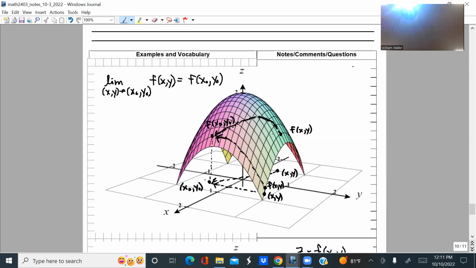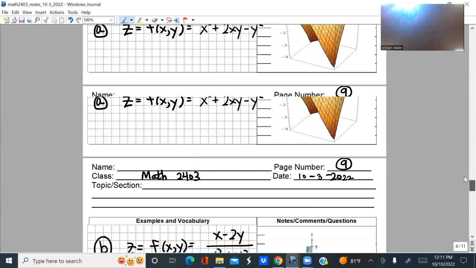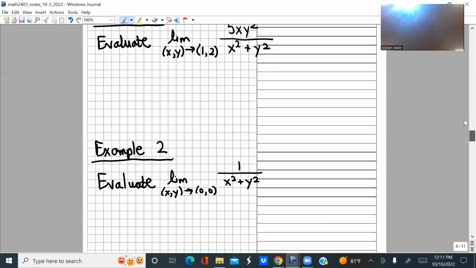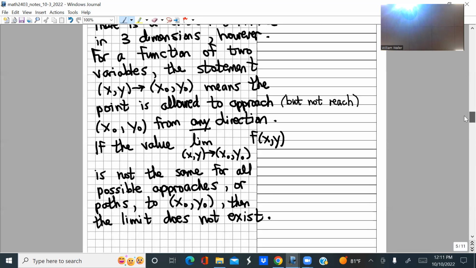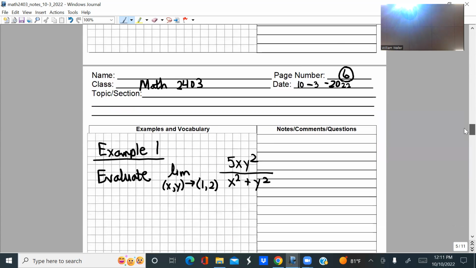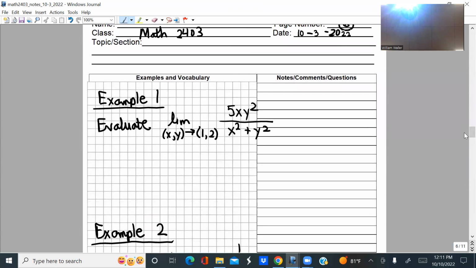So there's a visual illustration of what we mean by limits and continuity. Let's see if we can test that out analytically, without a graph. I want y'all to tell me what you think here.